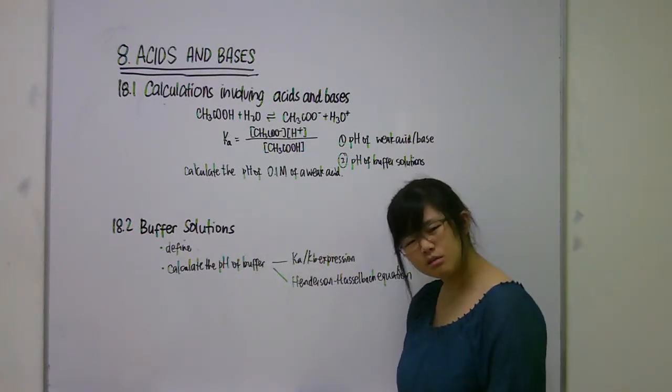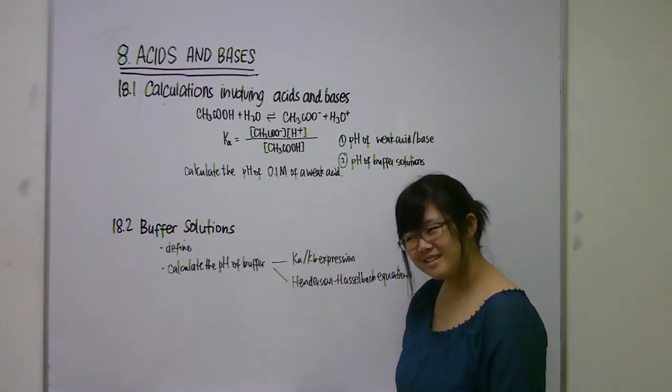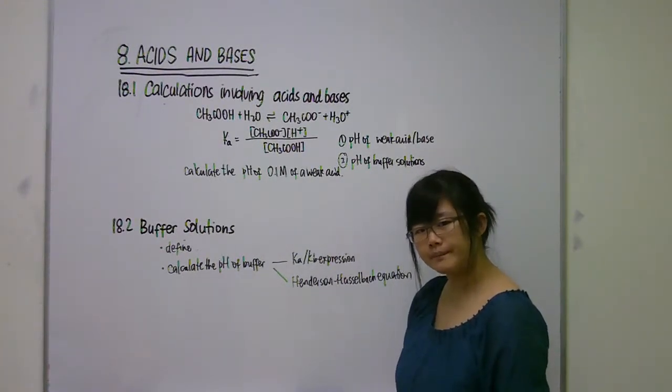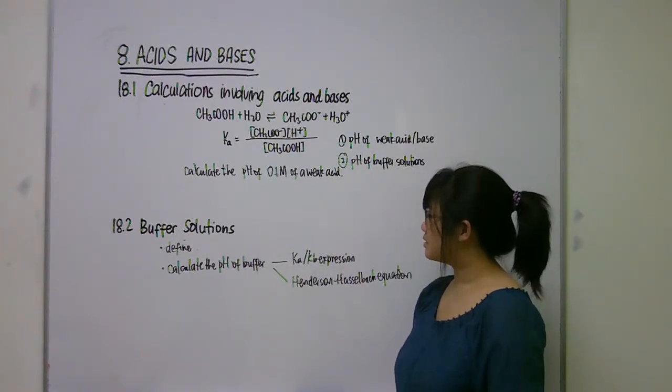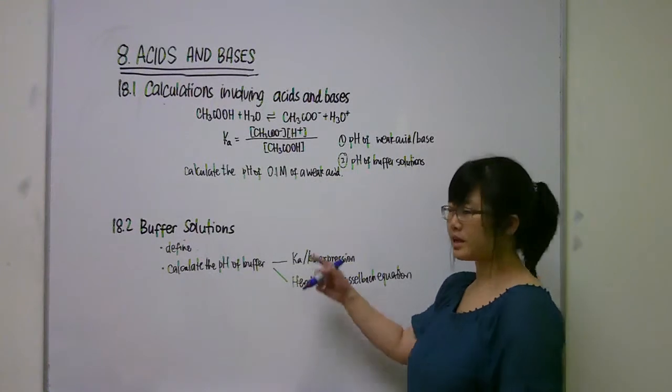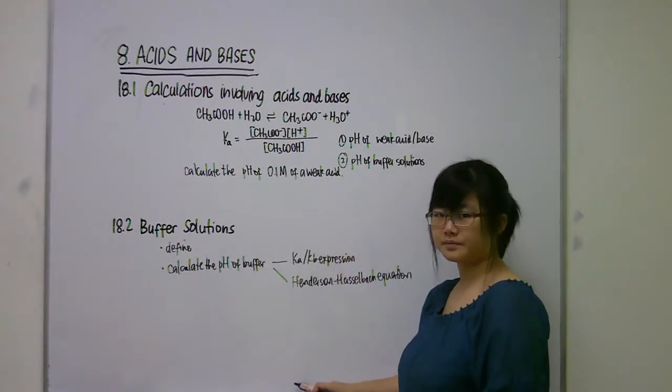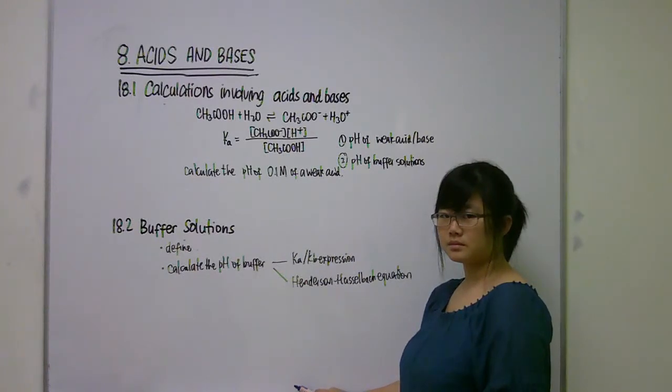Should I discuss it now? Should I just cut this part? Oh, it's very long. Okay, off first, then I will start again from this one. Maybe you can do that in the question section.